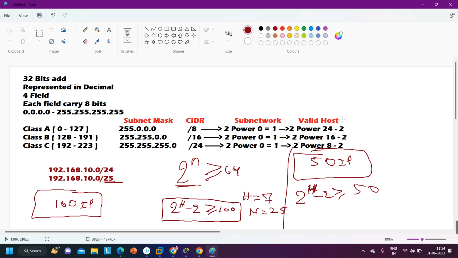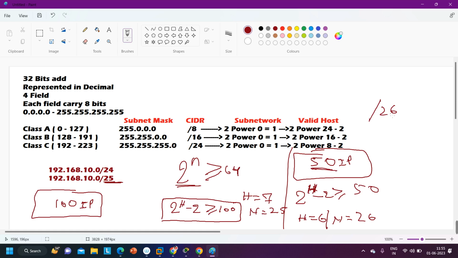If h is 3, then 8 minus 2. If h is 4... h should be 6, since 2 to the power 6 minus 2 is 62. If h is 6, then n will be 32 minus 6, that is 26. That means if you need 50 IP addresses, you will use slash value 26. Getting my point?